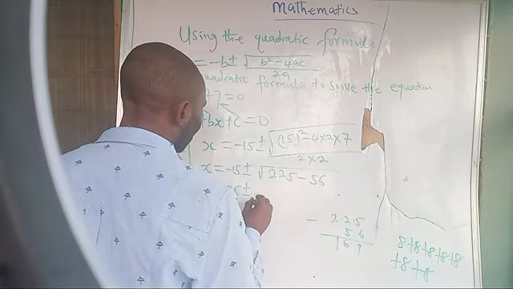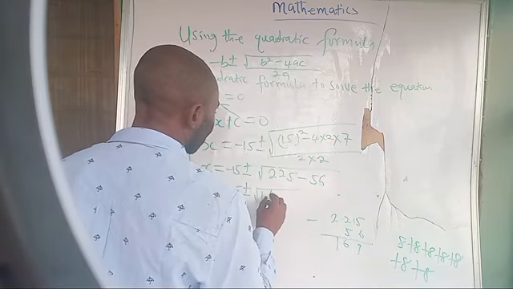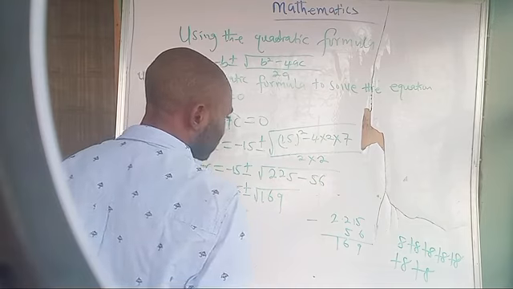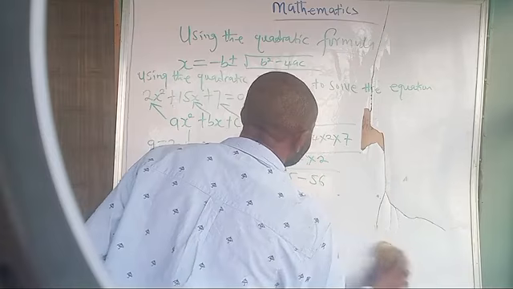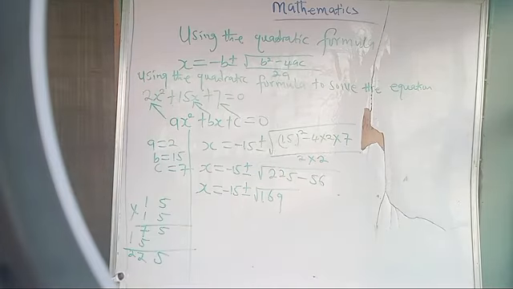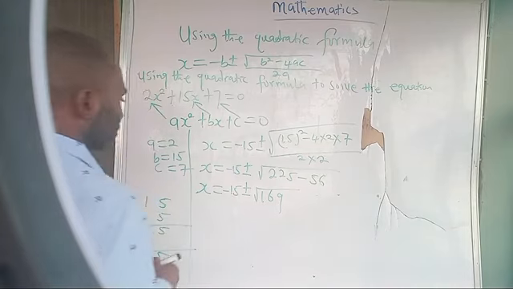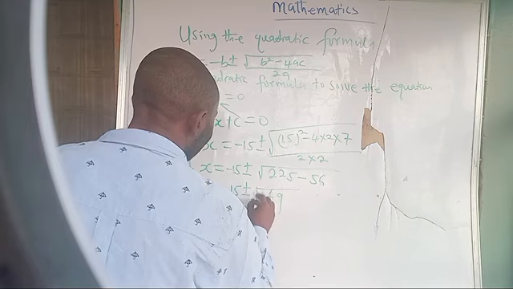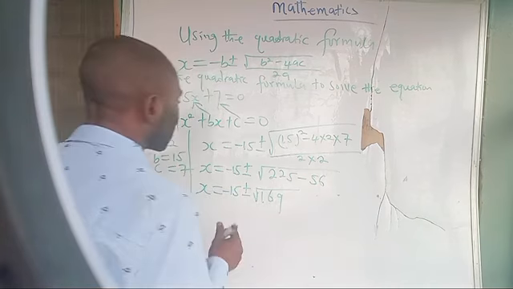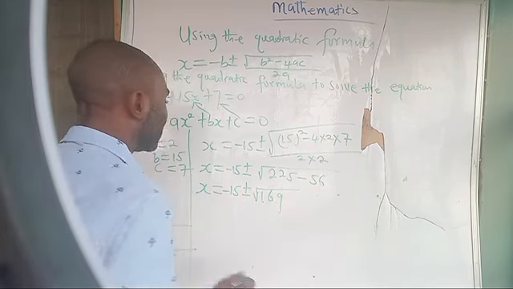So the square root of 169. The square root of 169 is 13.